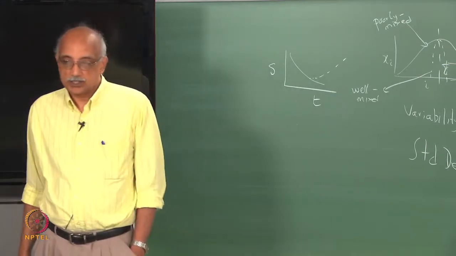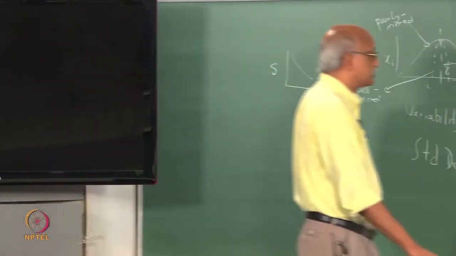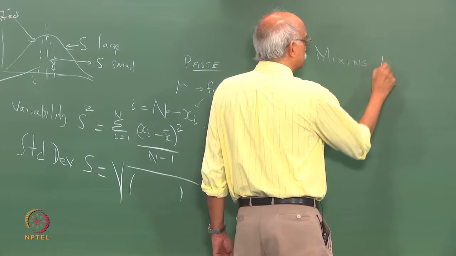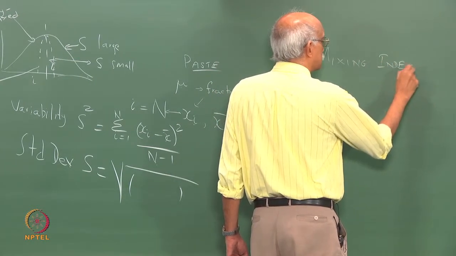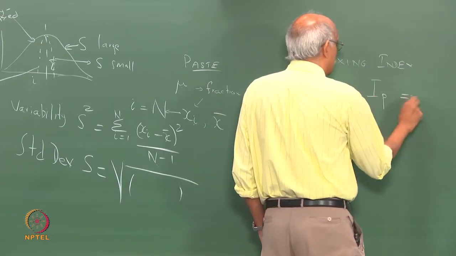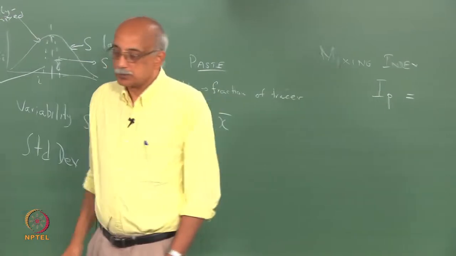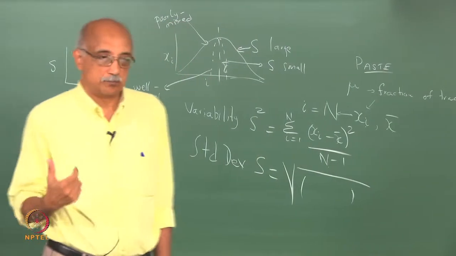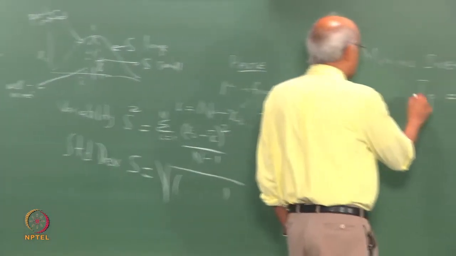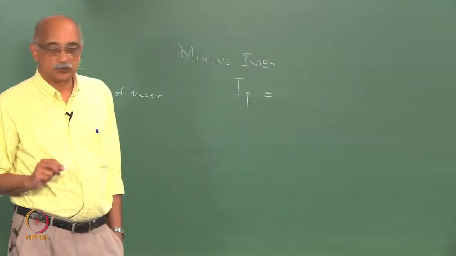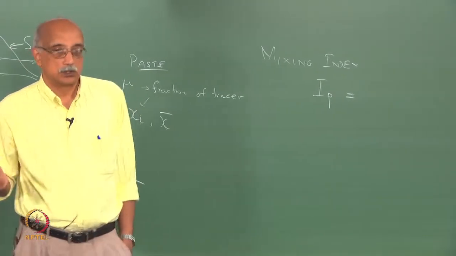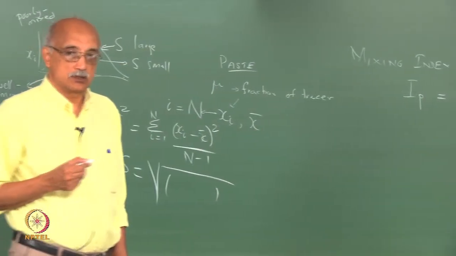Another way to look at mixing effectiveness is through something called the mixing index. The mixing index, let us call that I subscript P, where P stands for paste, is defined as the value of the standard deviation at time 0 to the value of your standard deviation at time t.